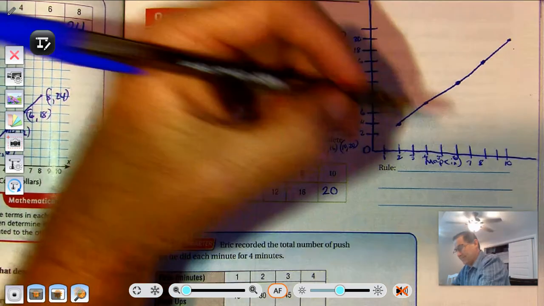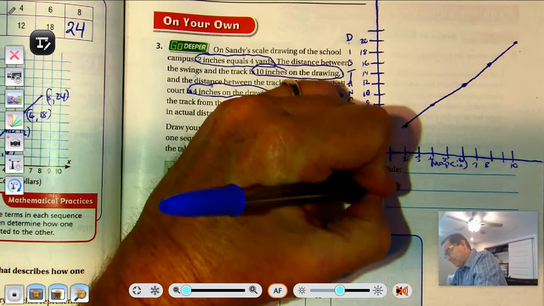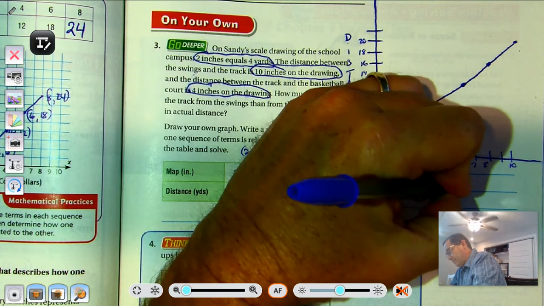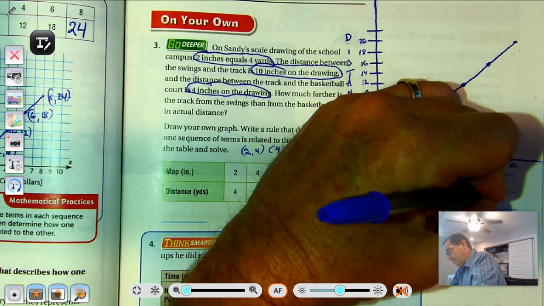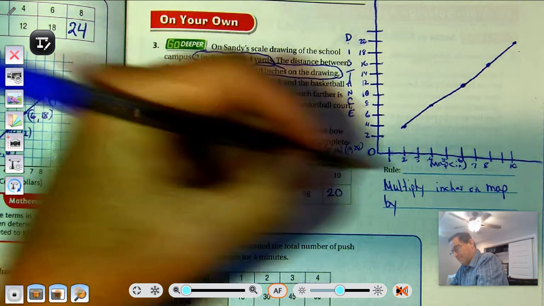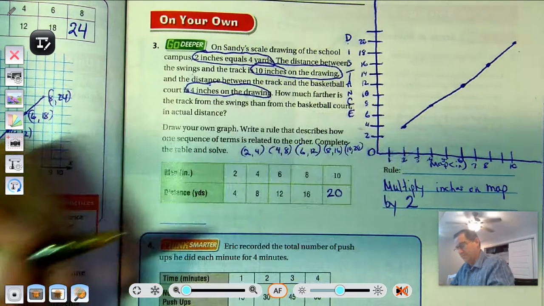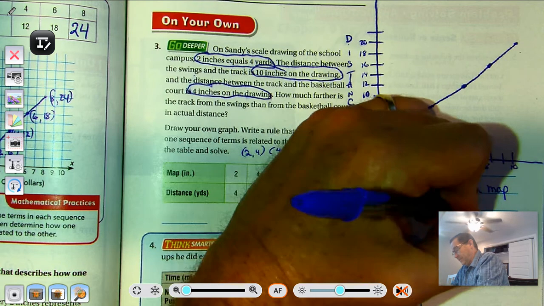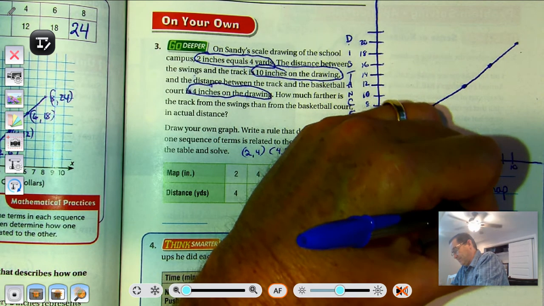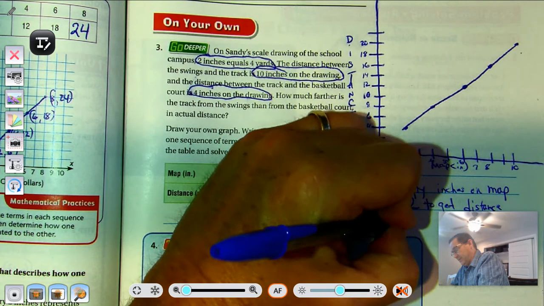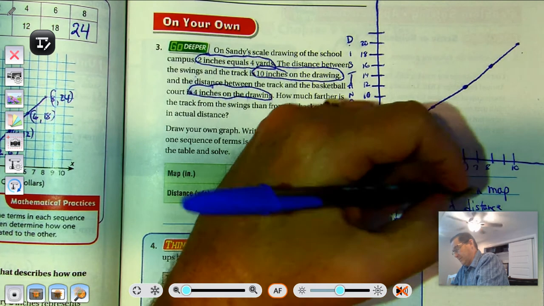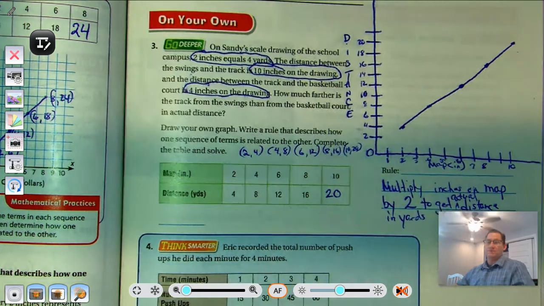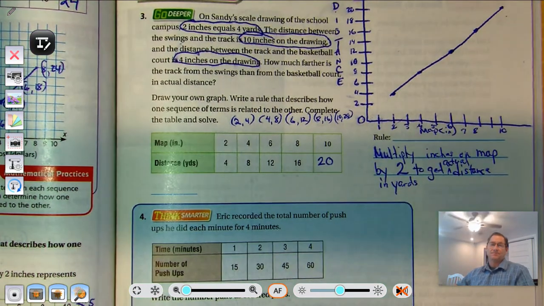Well, multiply inches on map by 2 to get distance in yards. Or we can say to get actual distance in yards.